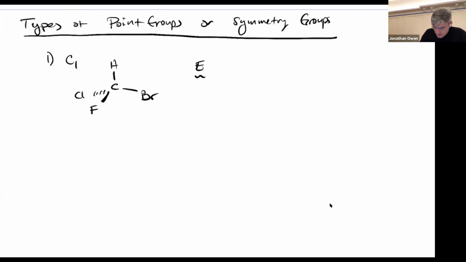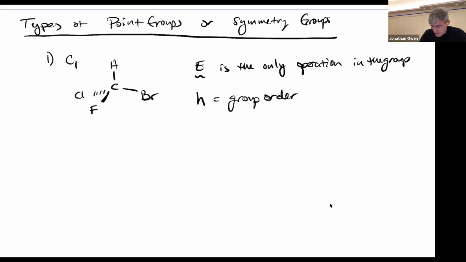The only operation is E. So lots of things can be described as C1 because lots of things have no symmetry. People define an order, which is just the number of symmetry operations in the group. So h equals the group order, or the number of operations. For this one, h equals 1.